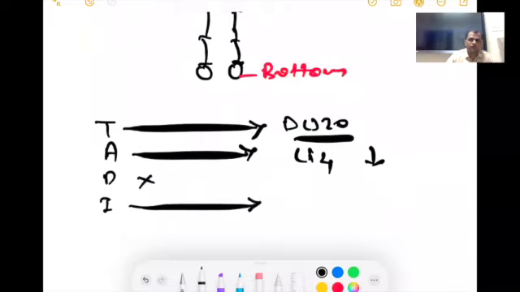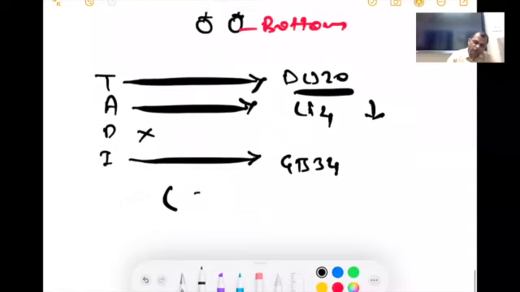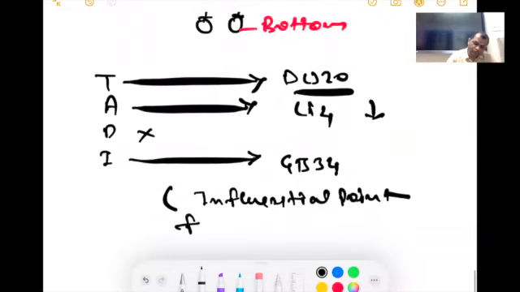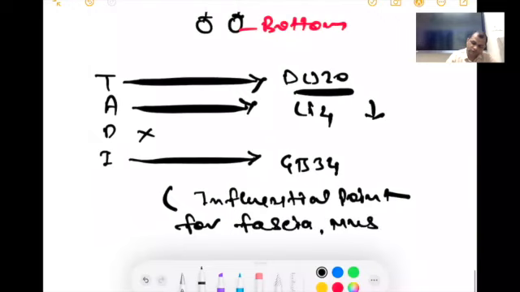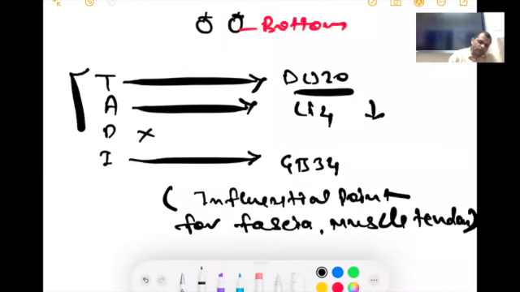And I means influential point. So we will take Gallbladder 34, which is the influential point for fascia, muscles, tendon. So we'll take 3 points mainly.